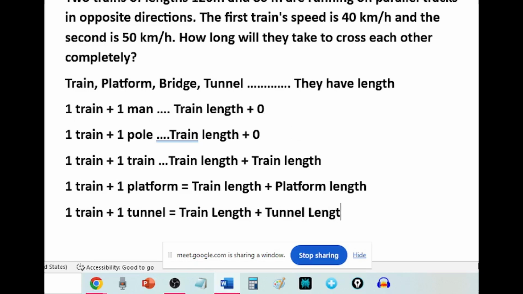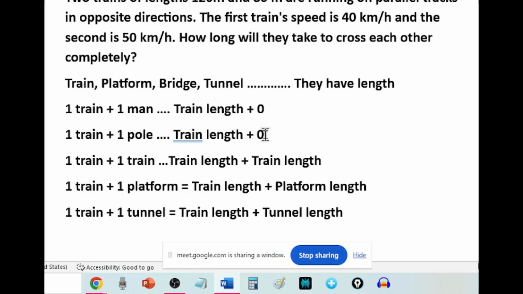So only if it is a man or a pole or a point or a cycle, then you take it as 0. Man or cycle is 0. One train plus one pole, then pole is 0, train length.